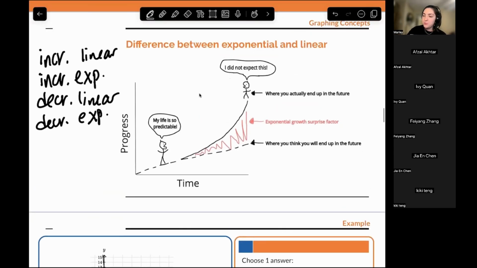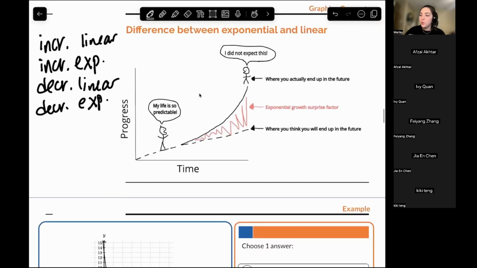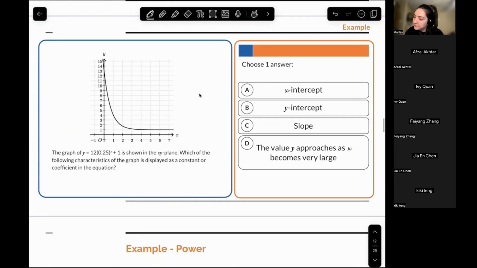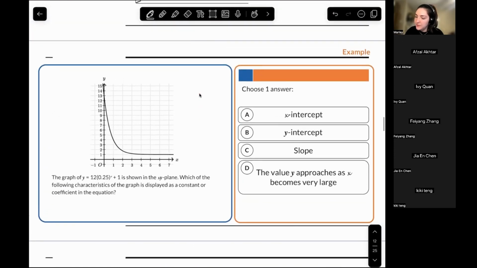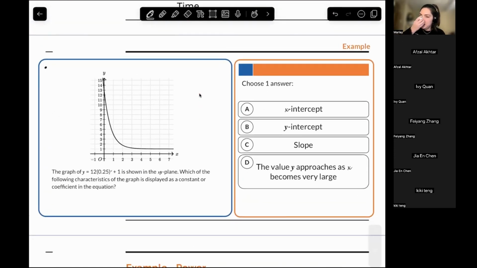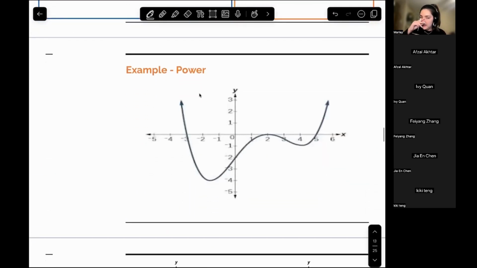So for the most part today, we're just going to be reviewing questions that look similar to what you guys have been doing in school in math class. I'm going to skip this one so that we can use one of the questions at the end instead. This is just an example of power and things like that.